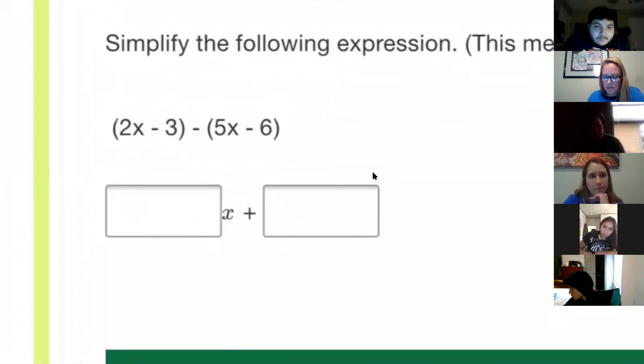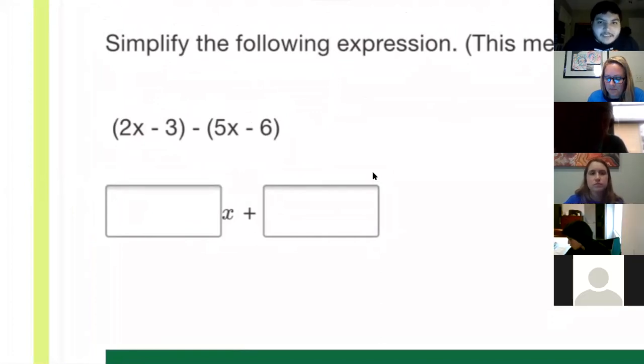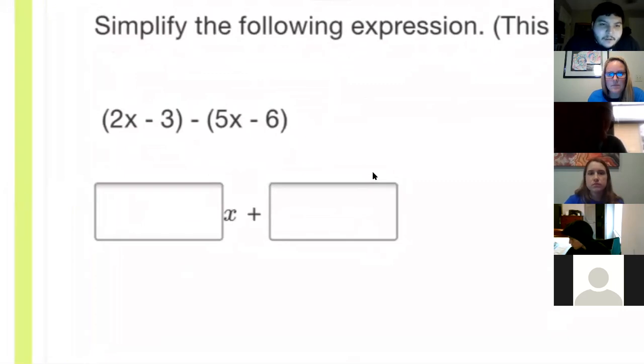All right. Mr. Leal, you want to go ahead and get started talking about this one? Yes, ma'am. So for this one, it looks familiar, doesn't it? It looks like the warm-up that we did last week with those two parentheses. So does anybody remember what we do if there was nothing in front of the parentheses?